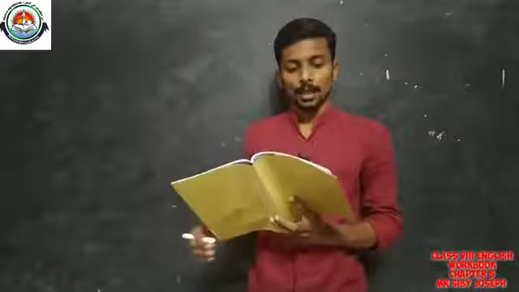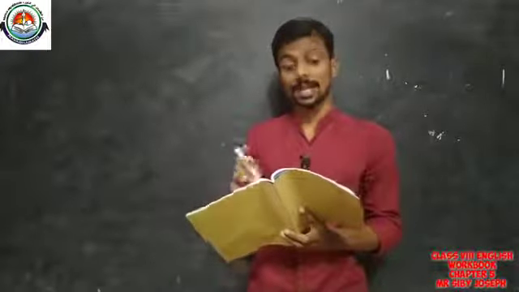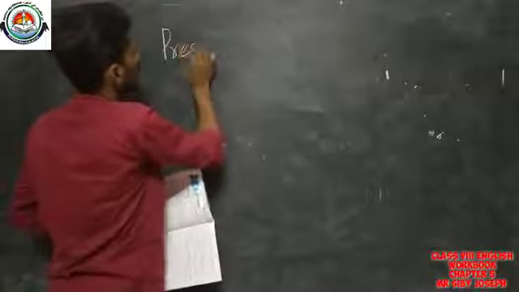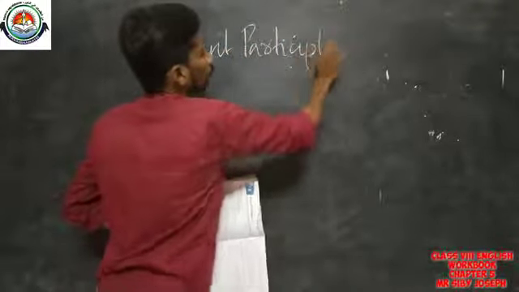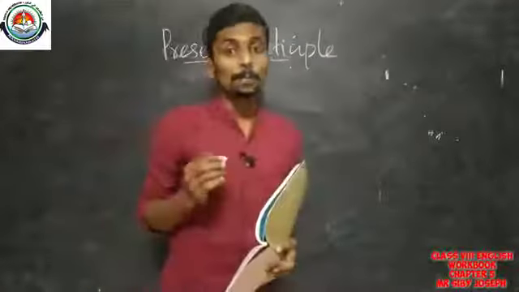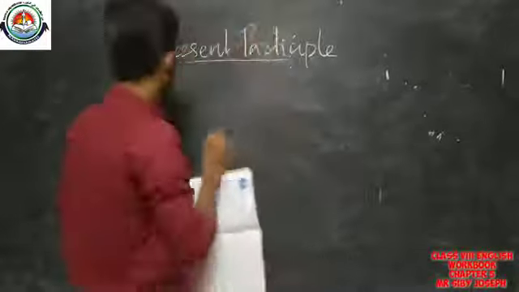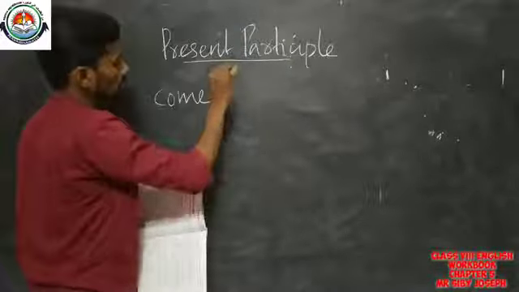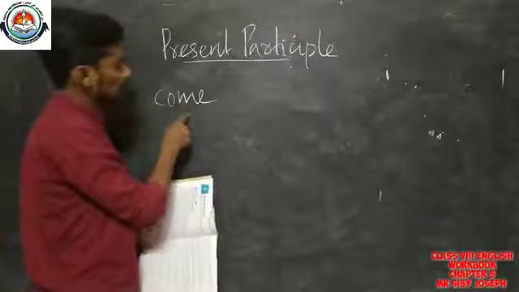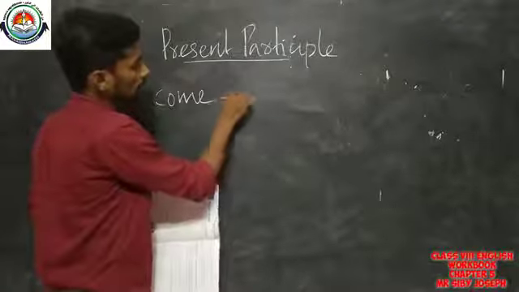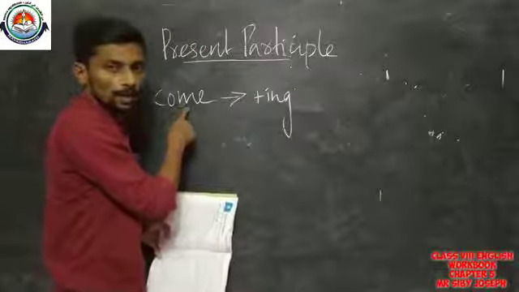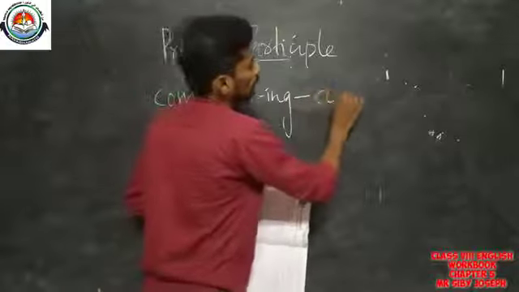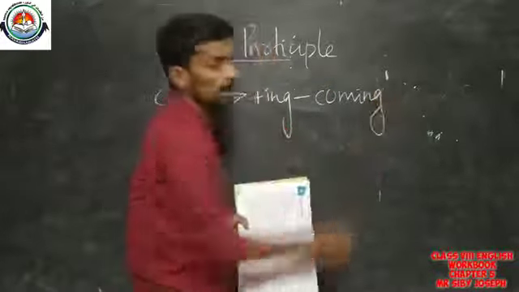The main thing which is discussed here is present participle. First of all you have to know what a present participle is. Look at this word come. When we add ing to the root verb come, we get its present participle form.